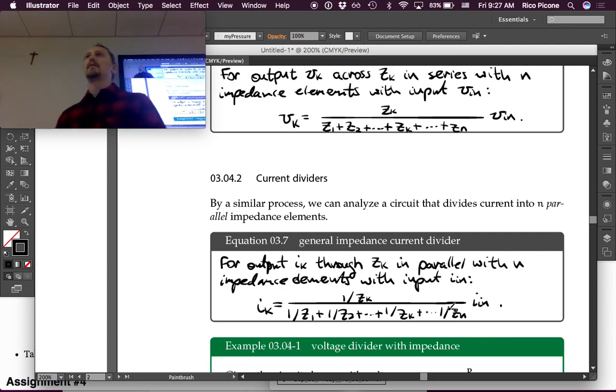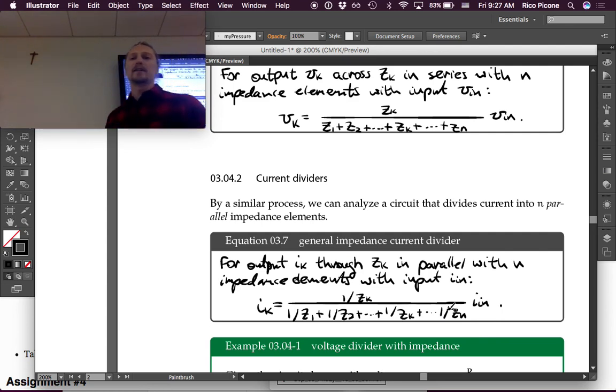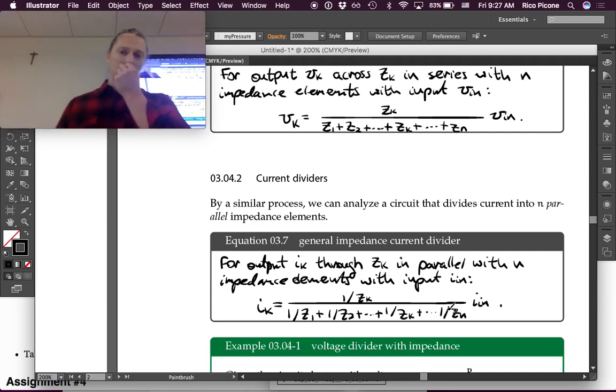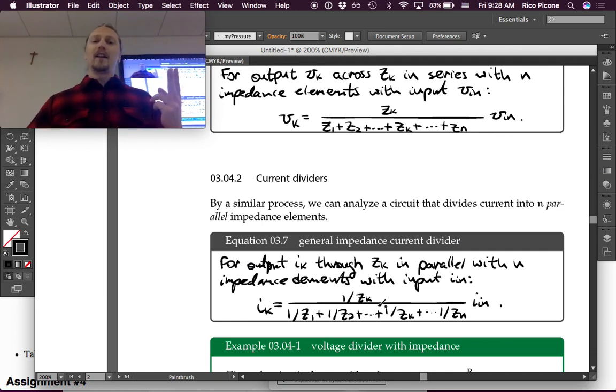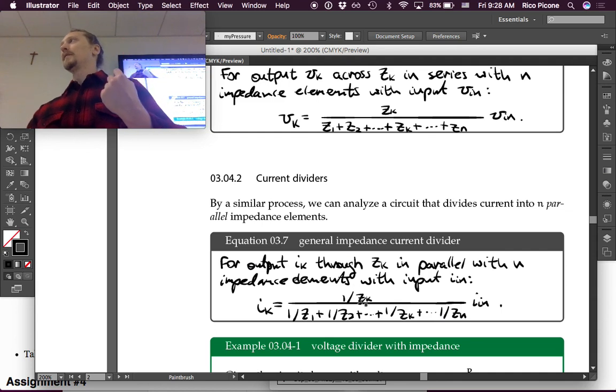So it's very analogous to a voltage divider, but there are some key differences. This is for elements in parallel, not in series. That's one key difference. This is for dividing current and not voltage, another key difference. And also, instead of just being the impedance, it's the inverse of the impedance in this equation.